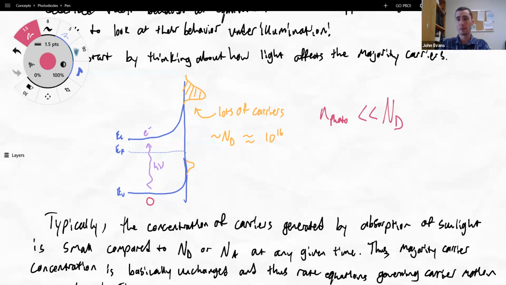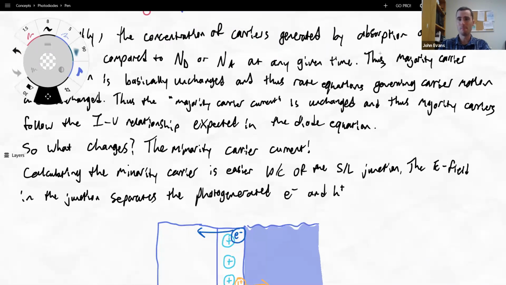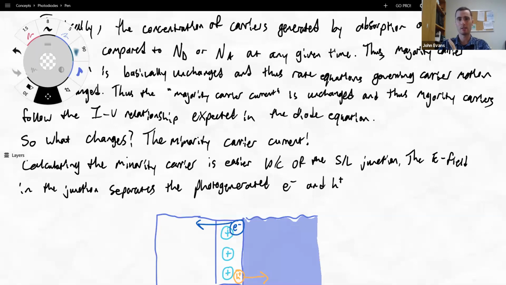If we're not really affecting the majority carrier concentration, that also means we're not really affecting the way the equations work. The equations governing the carrier motion are more or less unchanged for both illuminated and dark semiconductors.